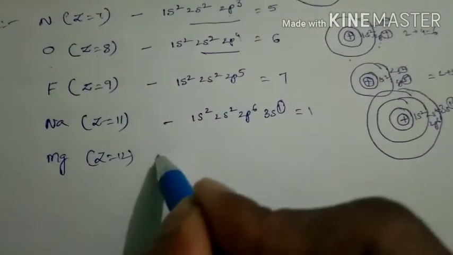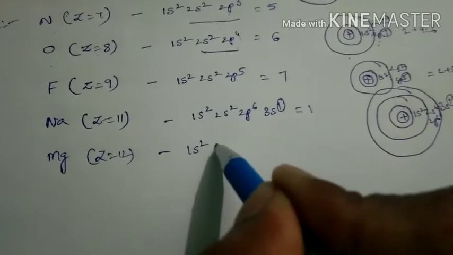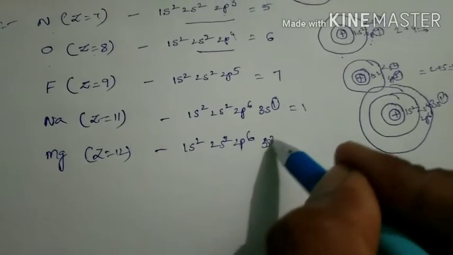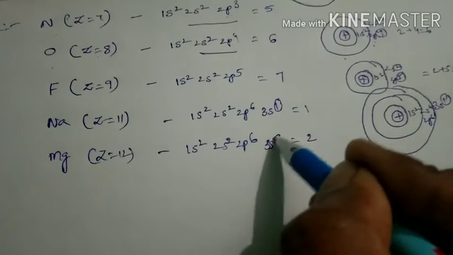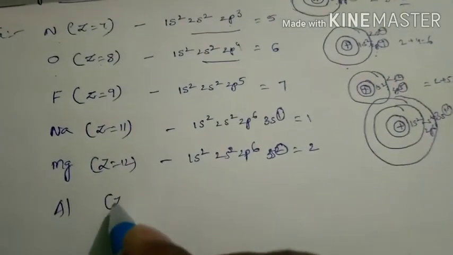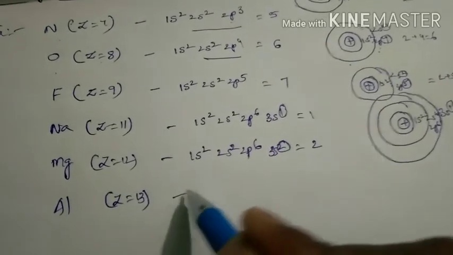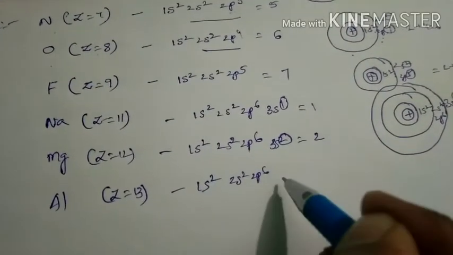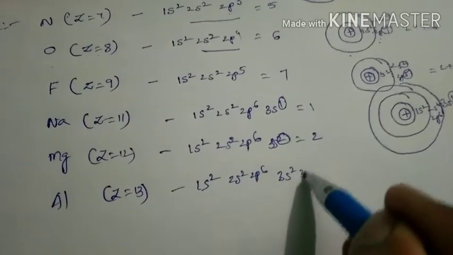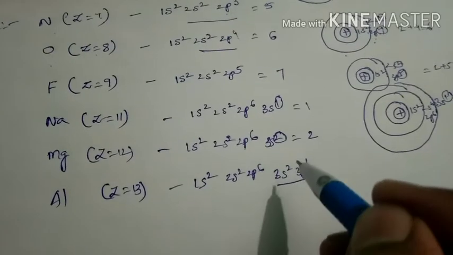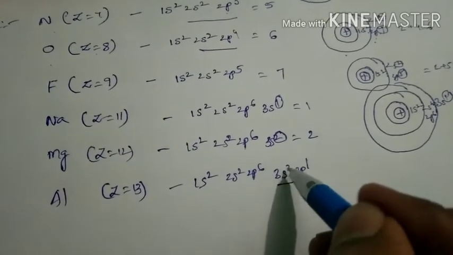Magnesium. Atomic number 12. Electronic configuration 1s2, 2s2, 2p6, 3s2. That means it contains 2 valence electrons. Aluminium. Atomic number 13. Electronic configuration 1s2, 2s2, 2p6, 3s2, 3p1. That means this 3s and 3p contain 3 electrons.